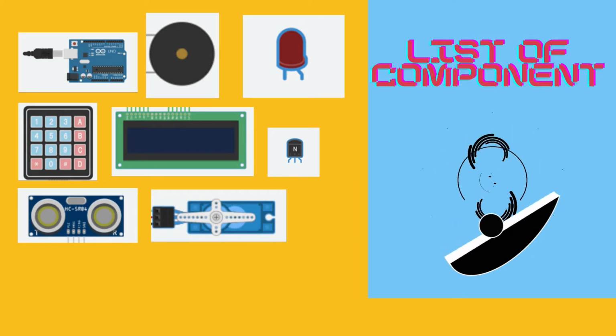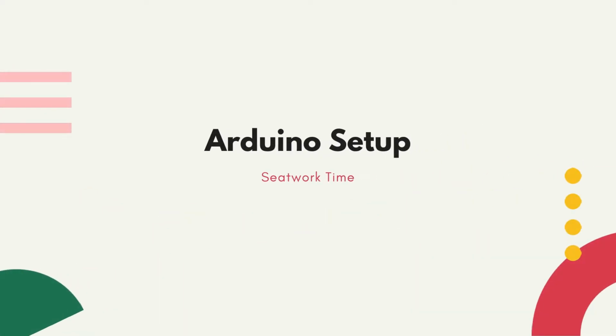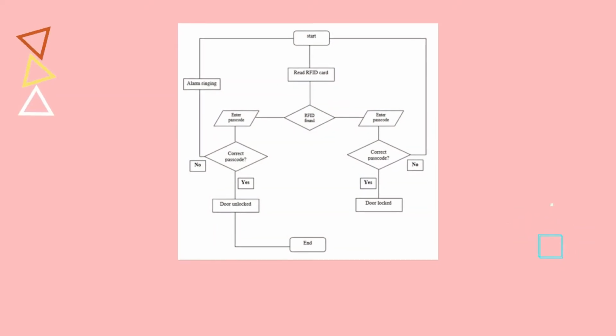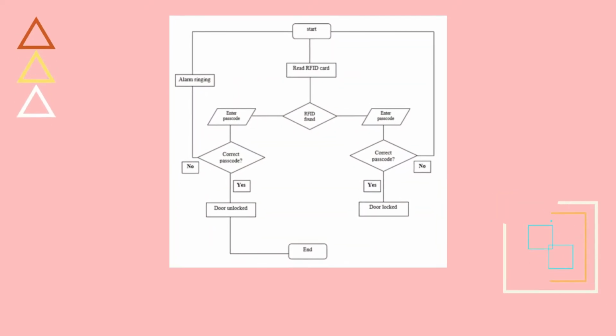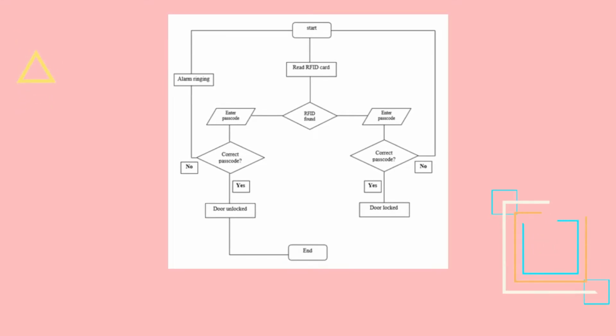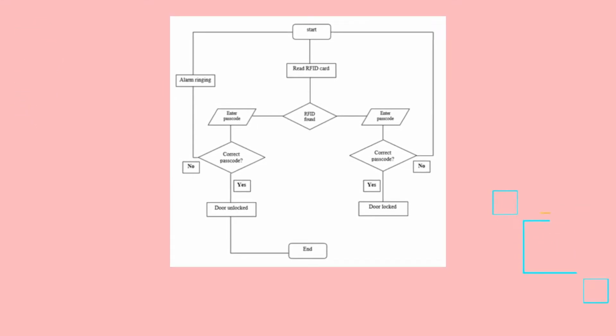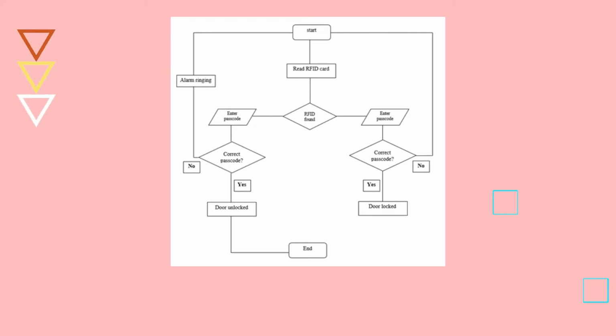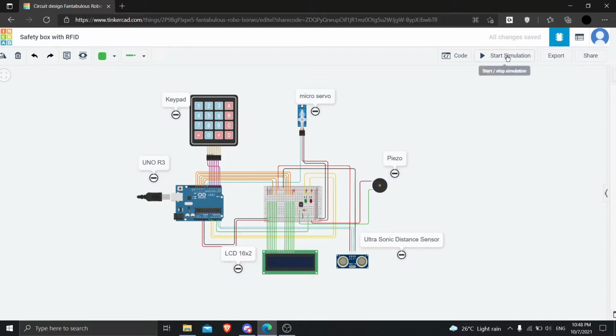Next, my name is Aidil bin Muhammad Ibrahim, and I will present the Arduino setup. This is the flowchart for the safety box with RFID scanner. Basically, there are 3 situations involved in this simulation. First, we start our simulation, and then the LCD 16x2 will show to insert the password.